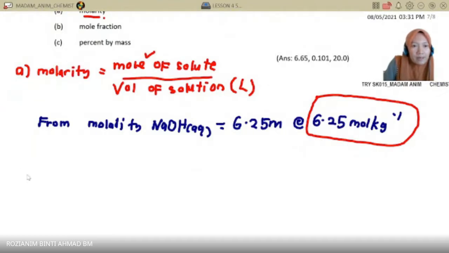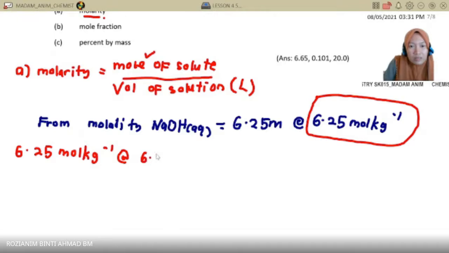So what happened? So formula molality adalah mole solute over mass of solvent. So this data we can rewrite 6.25 mole per kilogram. Also can write as 6.25 mole over 1 kilogram.